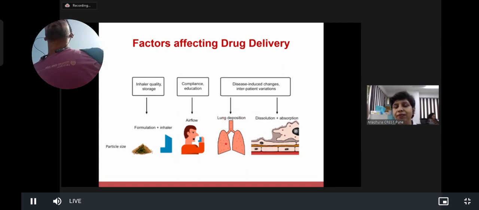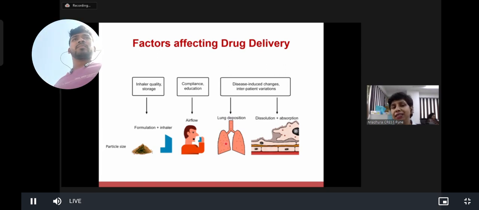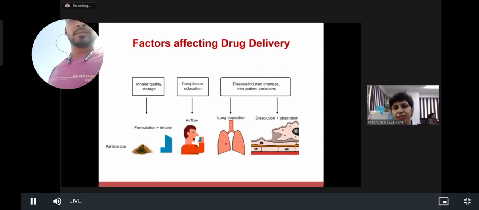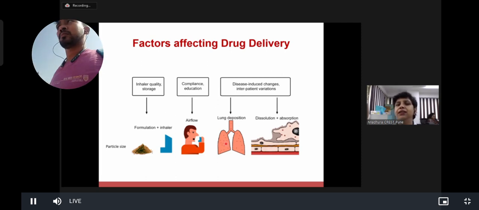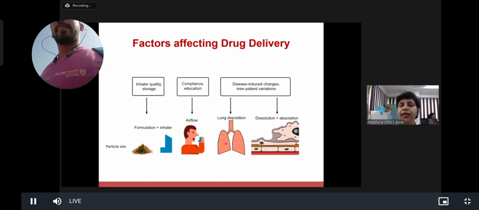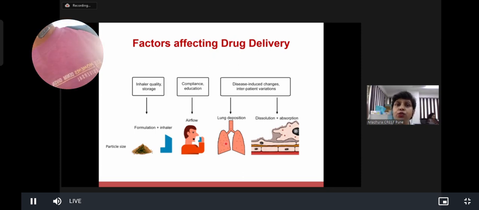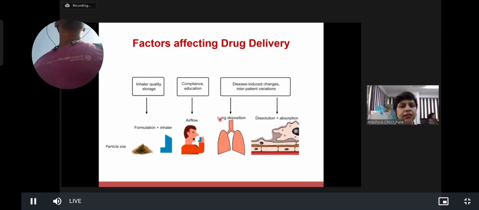If there is a very narrow airway, then the amount of drug reaching the distal airways may be reduced. And then there is interpatient variation depending upon the patient's metabolizing the drug in the body. So there are some patients who just develop some idiosyncratic reactions to short-acting beta-2 agonists as well. So there are a lot of factors that affect the drug delivery.